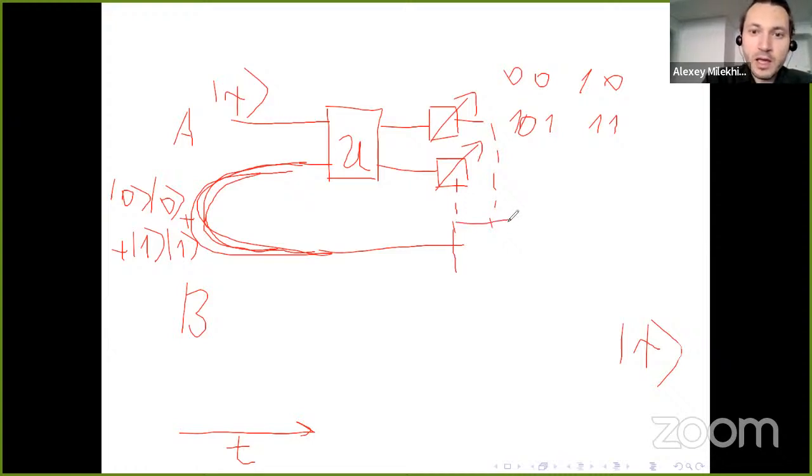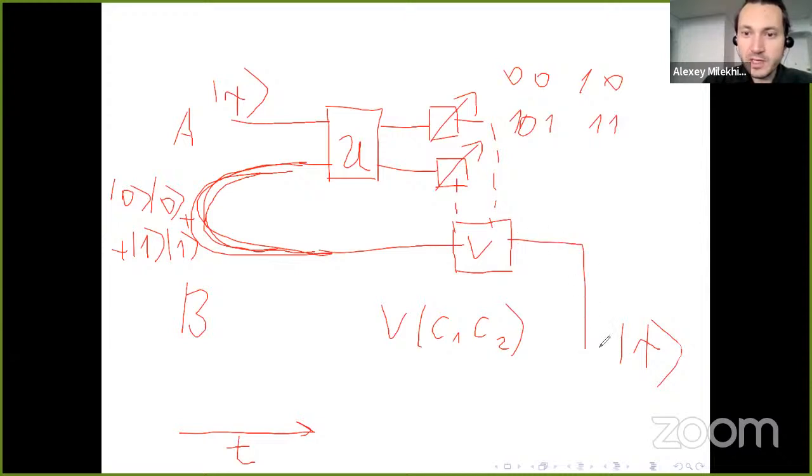Then Bob, depending on these two classical bits, performs another unitary V. It turns out that you can arrange for U and for V such that you end up with state psi here.